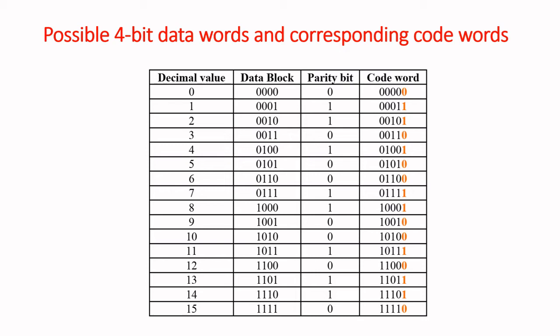So 1 is added as a parity bit and the code word is 00011. That 1 is appended after the data in the code word, or we can say the parity bit is appended for making the code words. In this way, 16 different code words are generated for the decimal values 0 to 15.